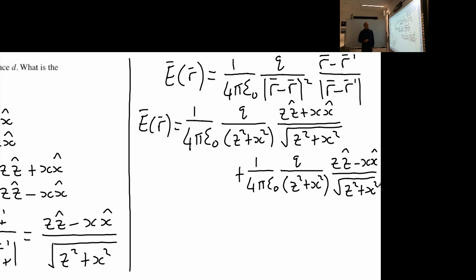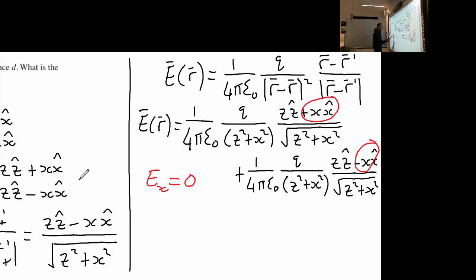So hopefully what you can see here is we now have two components. We have our electric field in the x direction and also the electric field in the z direction. Now, just by looking at this, we can see that the x components are going to cancel. We've got a positive and we've got a negative. So the electric field in the x direction is going to be equal to 0. And then we just have to sum the contribution in the z direction.